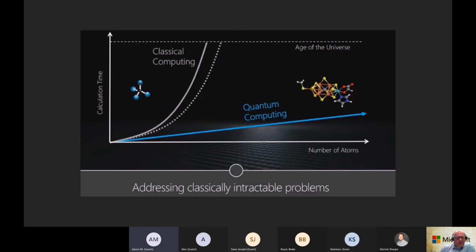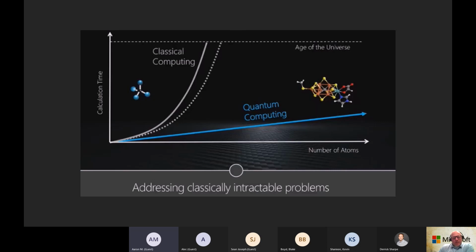That's your solid line that shows that hockey stick curve going up. The dotted line is an exascale supercomputer. This isn't just run of the mill. So the classic computer is a solid line, the exascale supercomputer is the dotted line. So not a big increase there. If you look at that, you're not seeing a huge performance gain.